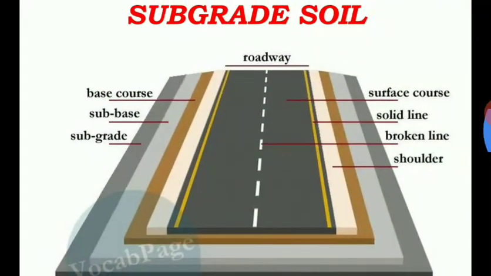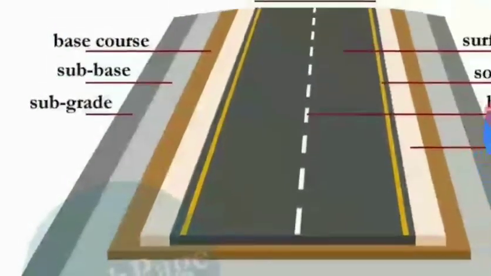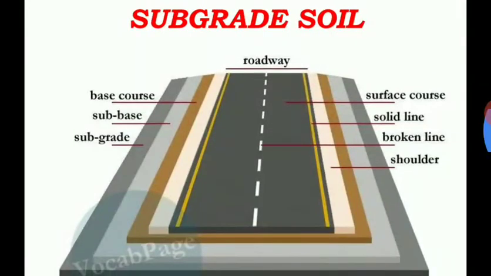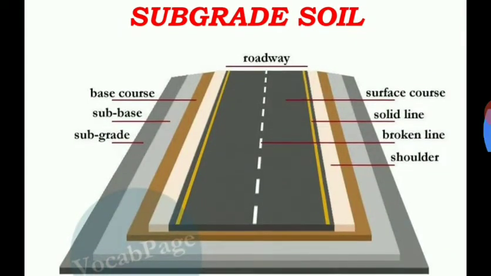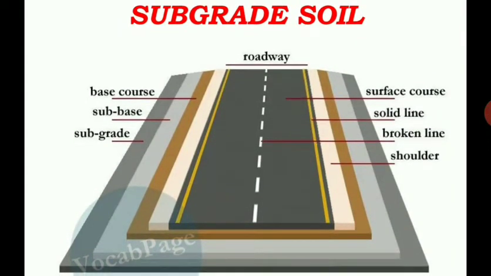In this diagram you can see the many layers the entire pavement is made up of. The bottommost layer is the subgrade, then the subbase course, then the base course, and on top the surface course.